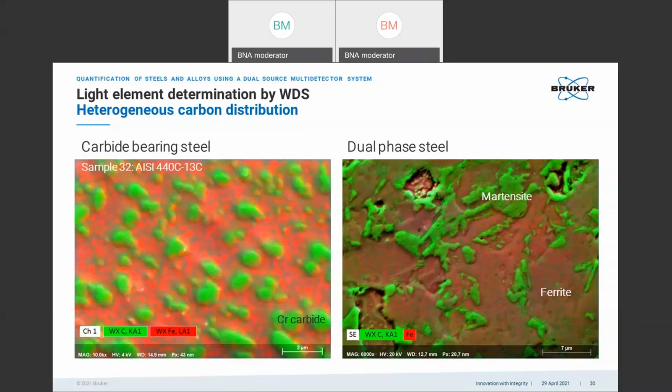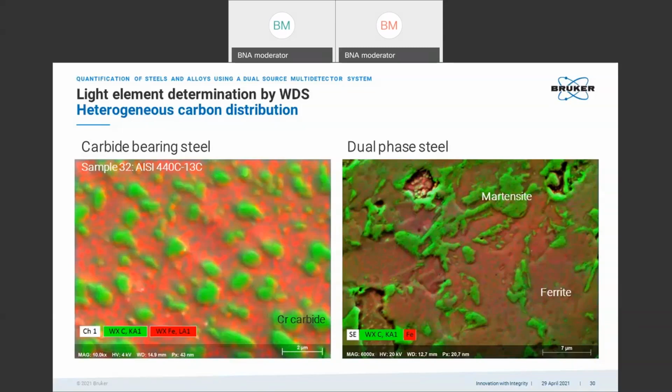On the right-hand side, we see something similar, or two different phases. It's a dual phase steel containing martensite and ferrite. And we see the differences in carbon contents between martensite and ferrite, though the absolute contents are very low.